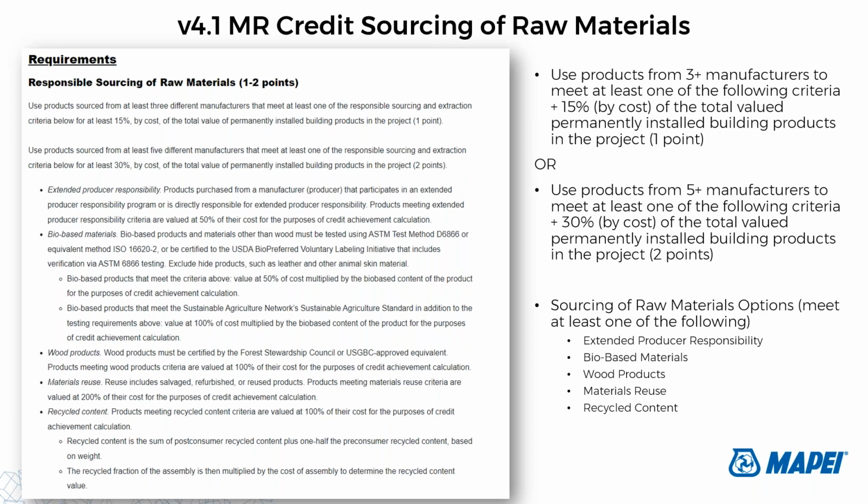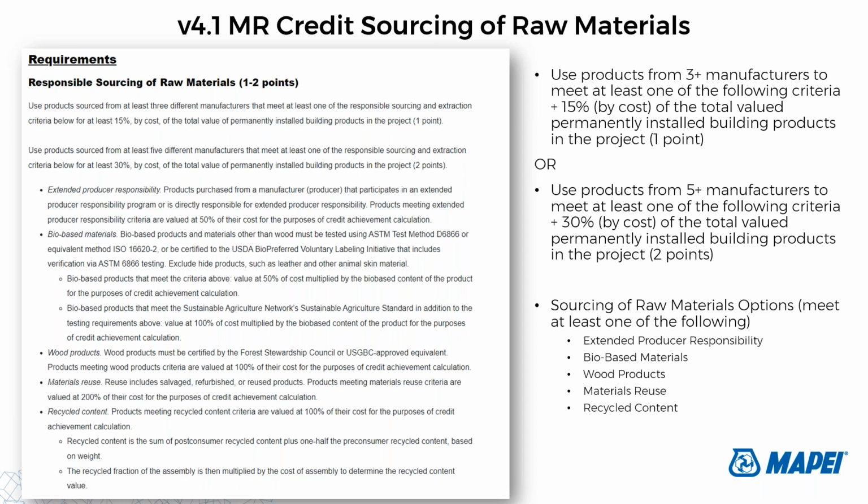So now the credit language reads to use 3 different manufacturers, and 15% by cost of the criteria below has to be met. Or for an additional point, use 5 different manufacturers and 30% by cost of the criteria should be met. And the criteria is the bullets, and on the right there, I have bullets as well.